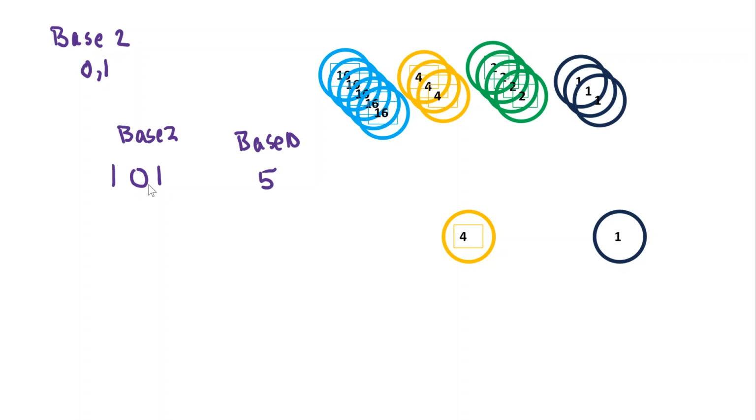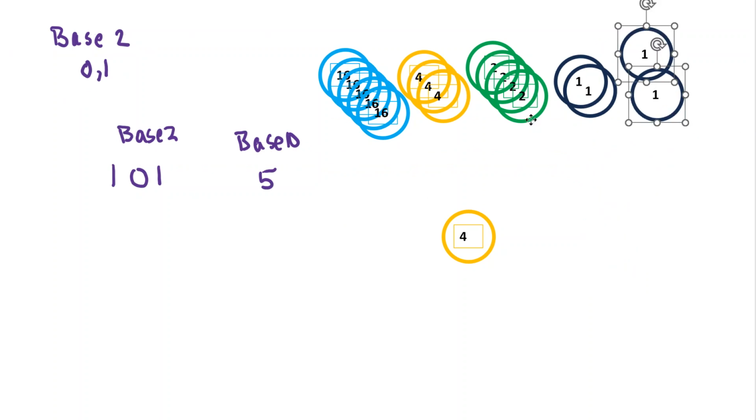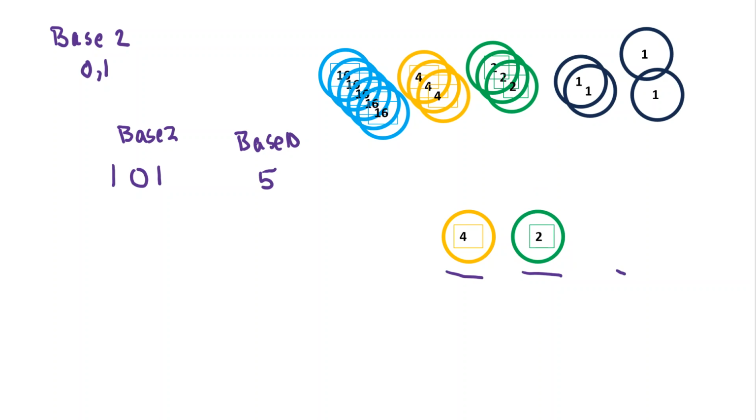Now, suppose I take another penny and put it over here. Now I have 2 pennies, but I can't use a 2 in base 2. I can only use the numbers 0 and 1. So what I'm going to do is I'm going to take those 2 1s and I'm going to trade them in for a 2. Let me put some digits here so we can keep track.